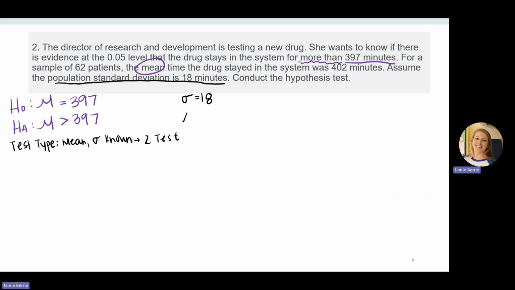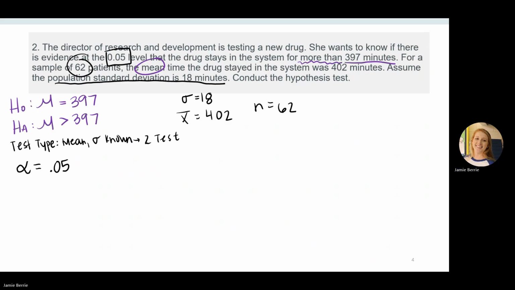And then we also needed our X bar value. X bar was 402. And then what was our sample size? It was 62. And we've got to state the level of significance. Alpha is 0.05.